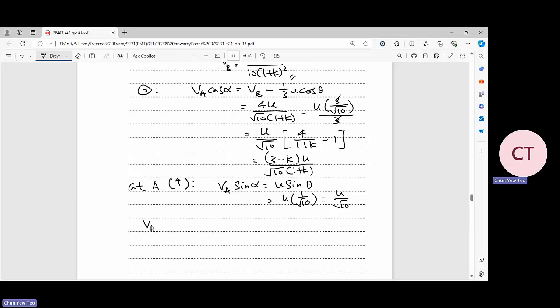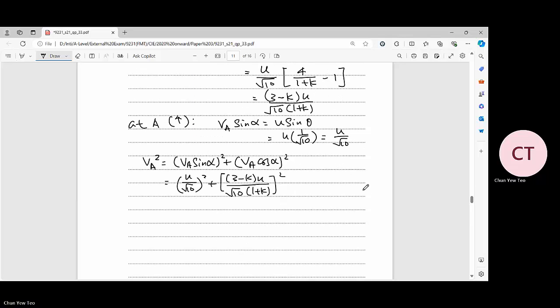So to find VA square, the formula will be VA sin alpha square plus VA cos alpha square. VA sin alpha is just like this. VA cos alpha will be like this: 3 minus k, u over root 10, 1 plus k, the whole thing squared.